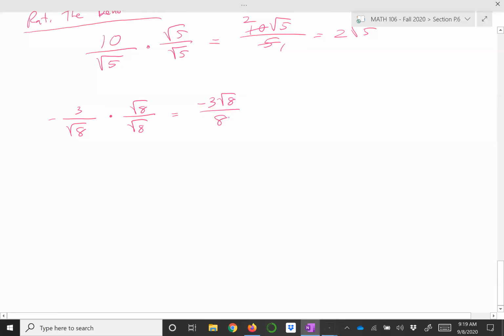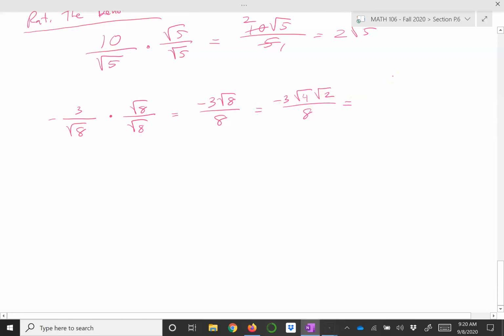Now, I'm almost done. What do I have left? What's left to do? Remember, we're trying to simplify to lowest terms. What can I do with that square root of 8? Can I split that into a square root of 4 and a square root of 2? So beware of that.